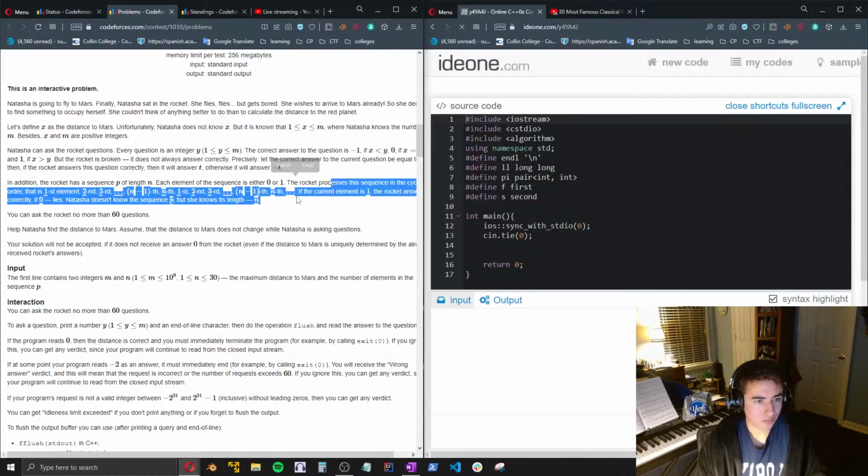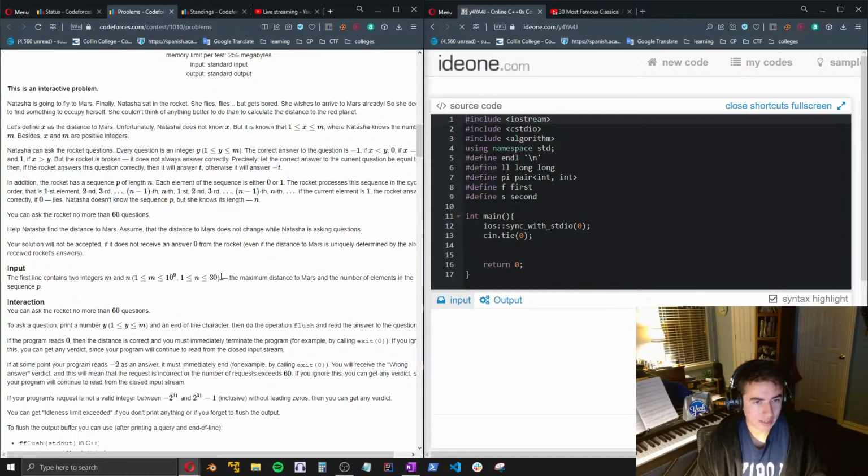Okay. What's the bound on n? N is less than or equal to 30. Natasha knows its length. And m is 10 to the 9th. Alright, so basically, we want to binary search for x, which is bounded between 1 and 10 to the 9th.